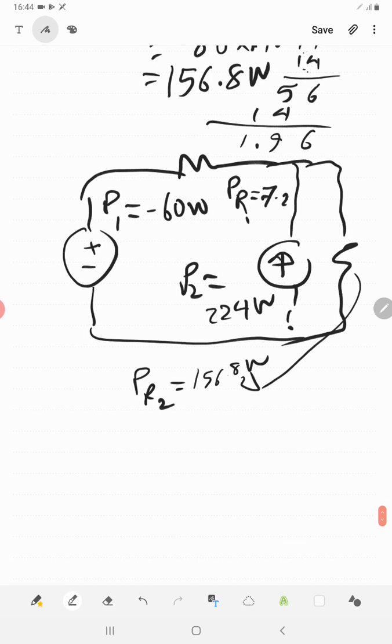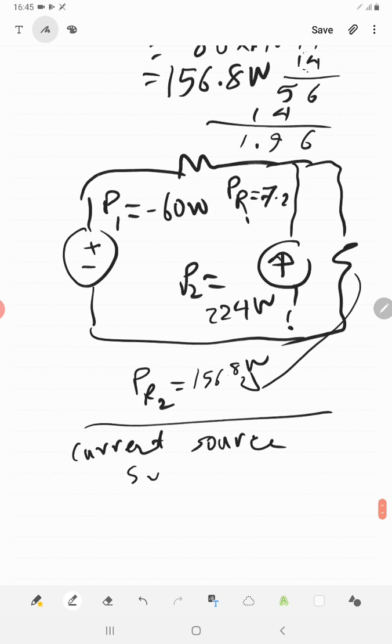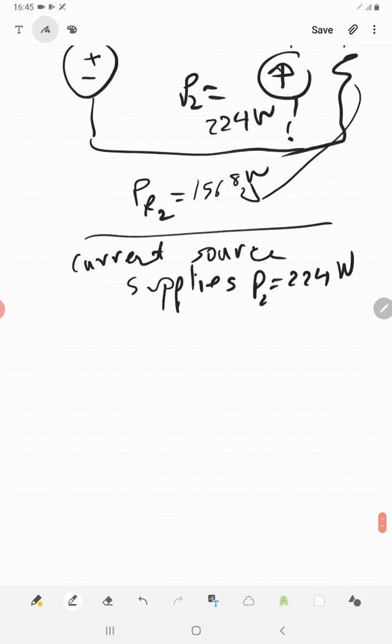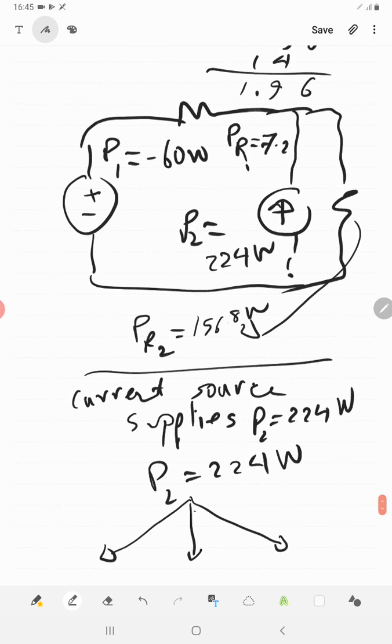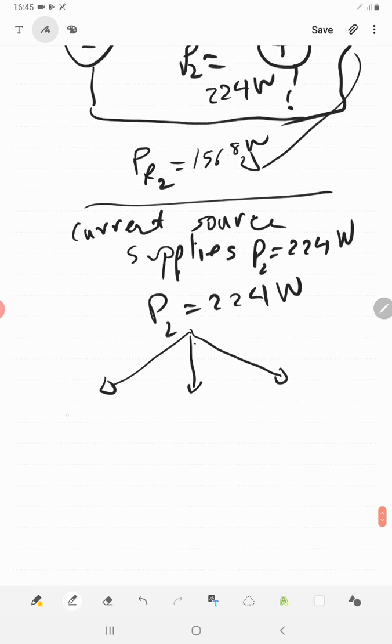If you look at it carefully, the current source supplies P2, which is equal to 224 watts. Where does this 224 watts go? It will split into three parts. One part goes to source E1, P1, 60 watts.